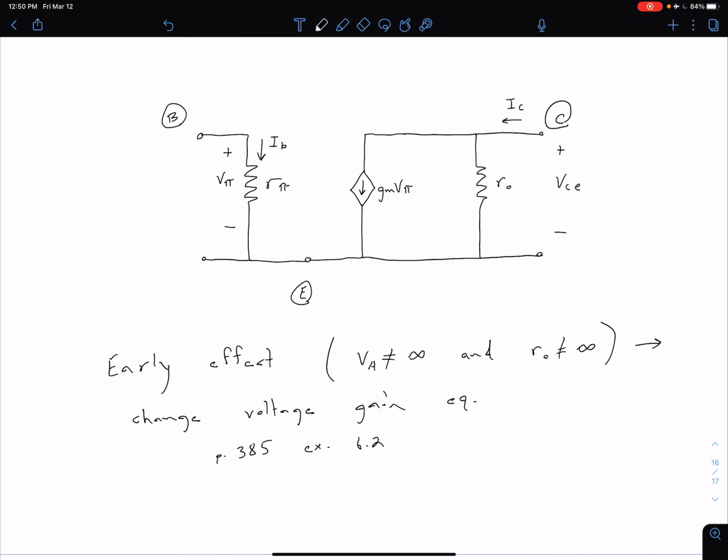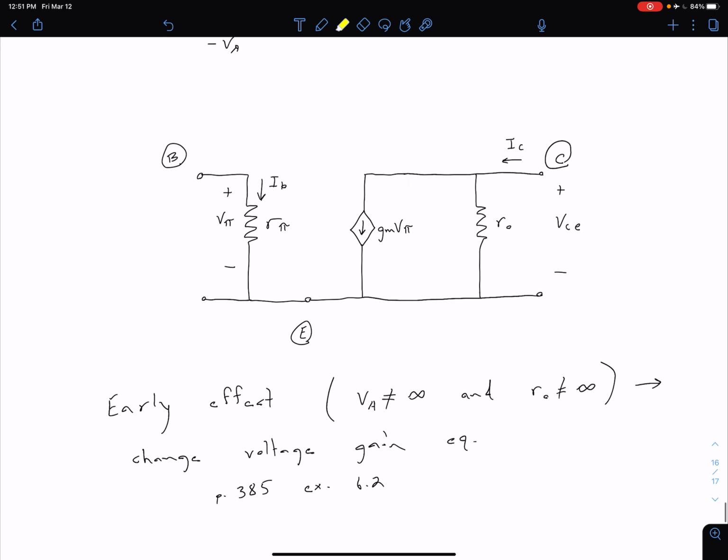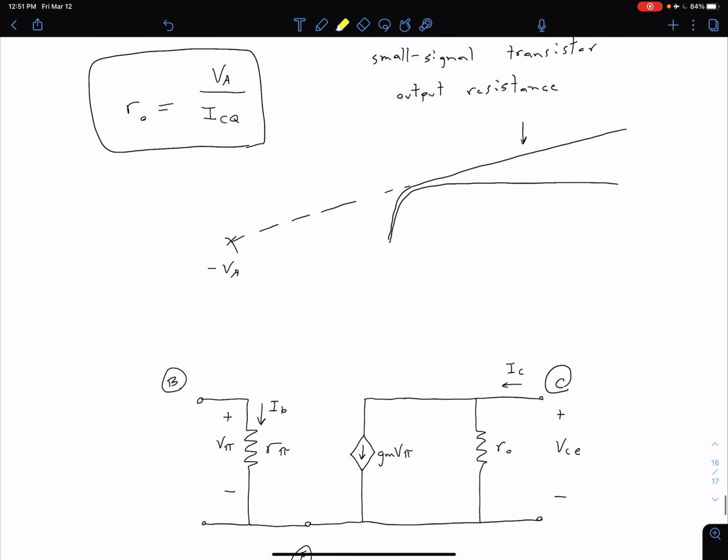And so R0 would just be an open circuit here. So we remove it, and then we have our model from before considering the early effect. And VA equals infinity means this extrapolation point is all the way back at infinity such that these lines are horizontal. So again, these are different ways you'll see that represented.